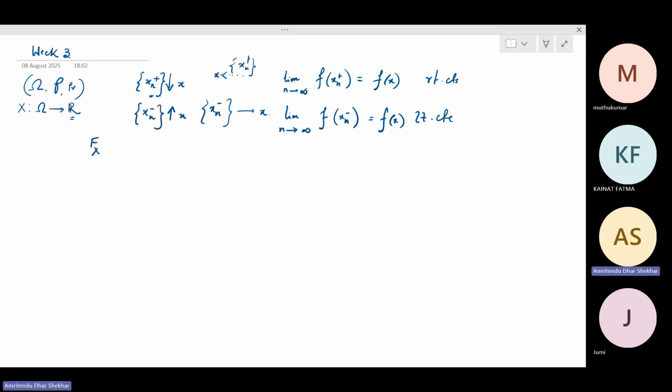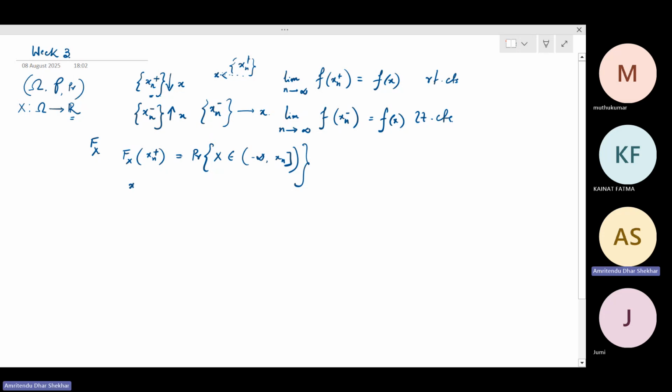So why is it right continuous? Well, if we write something like F of X of xn plus, where xn is some sequence which is converging to x from the right, then by definition, this is equal to the probability of X belonging to minus infinity comma xn plus.